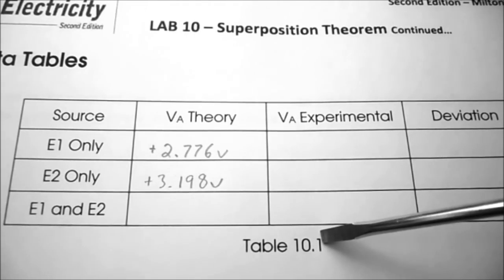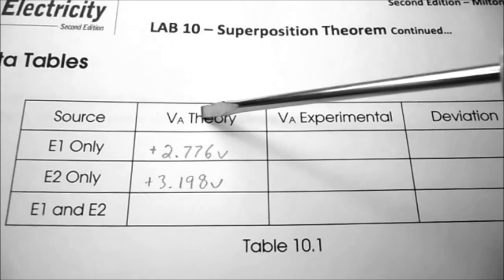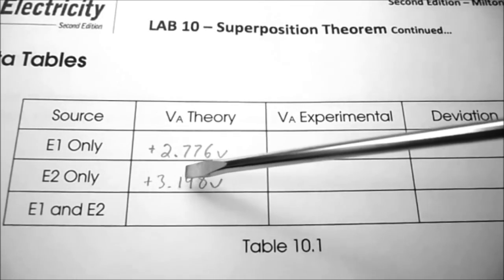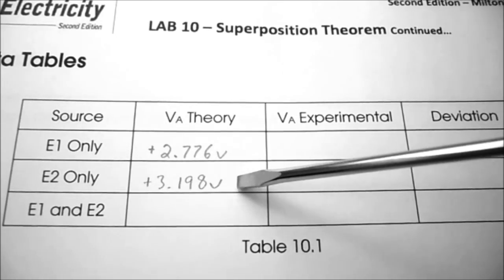In table 10.1, under VA theory, for E2 only, I record plus 3.198 volts.